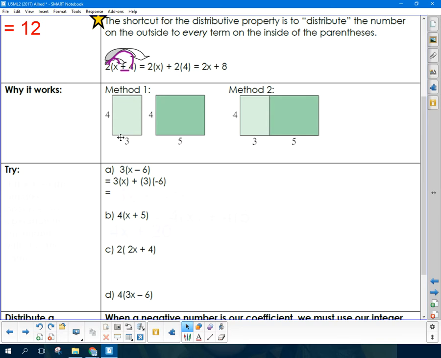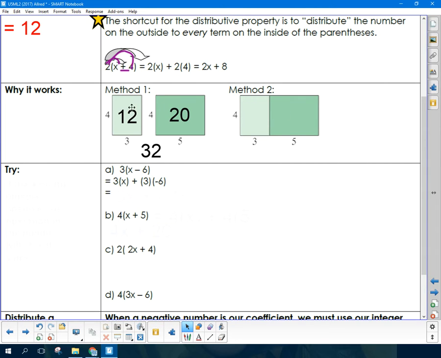It works because if you look at these 2 rectangles separately, I have a 4 by 3 rectangle and a 4 by 5 rectangle. So I have an area of 12, 4 times 3 is 12, and an area of 20, 4 times 5 is 20. If I add those two things together, 12 plus 20 is 32. If I stack them next to each other and say, well, I know that they both have the same width of 4, one of them is 3 and one of them is 5, this is the distributive property.